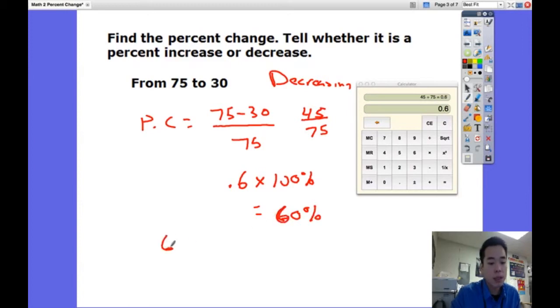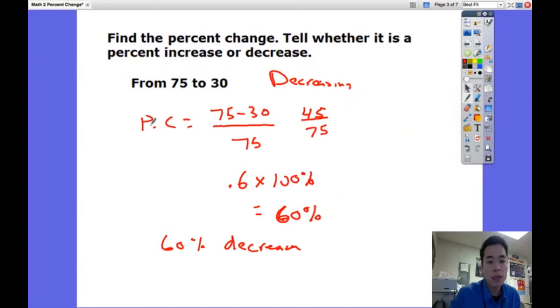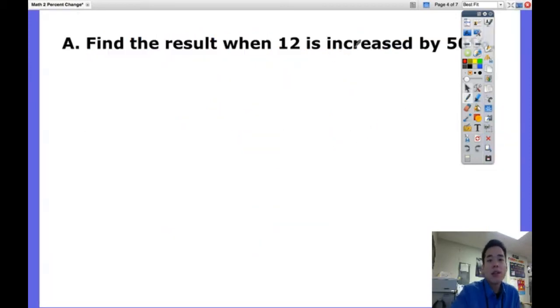So this will be a 60% decrease. So again, if you guys are looking at the rule that I have on the screen, my percent change is always a setup of a proportion of the change over the original. Change over the original. Find the result.